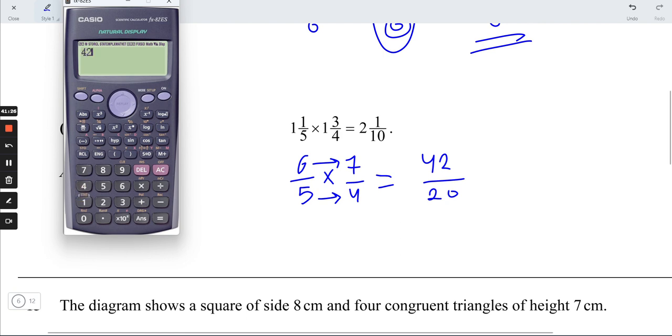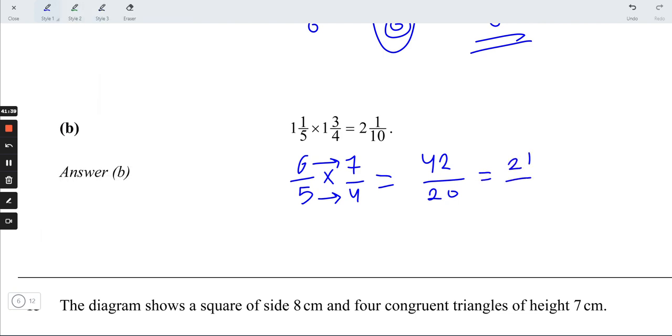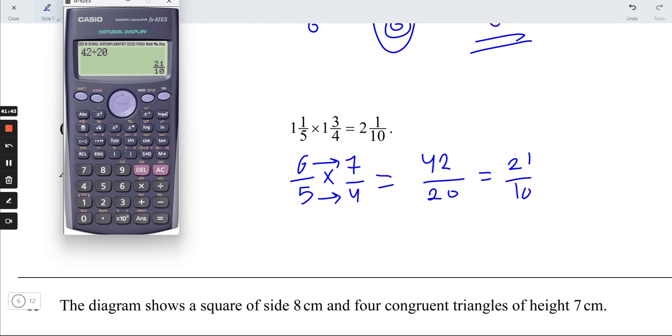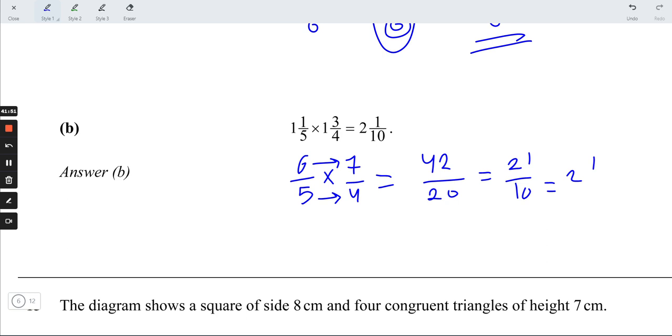So 42 over 20 equals 21 over 10, which is right up to here. Now again, the answer, change it to a mixed number, which is 2 and 1 over 10. So your answer is right.